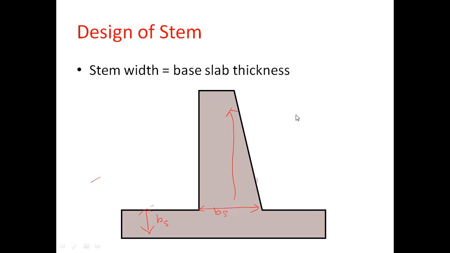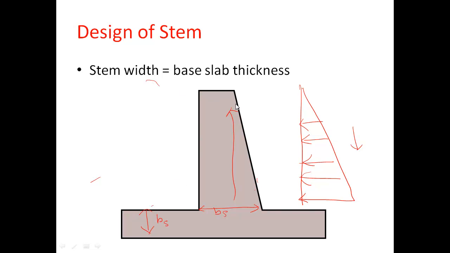Why are we taking this? We know that the earth pressure varies linearly and increases with depth. So at the top, the force or moment generated due to the earth pressure will be lesser compared to the force and moment generated at a much greater depth.